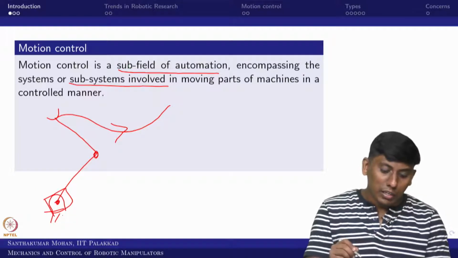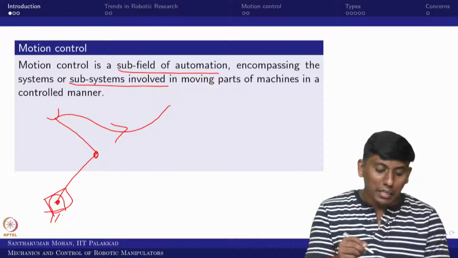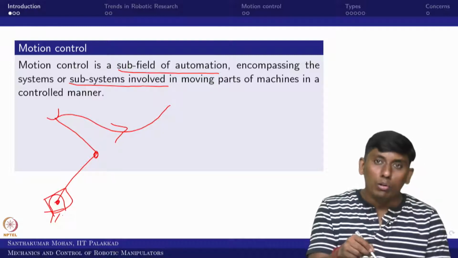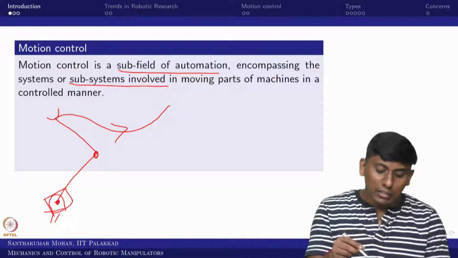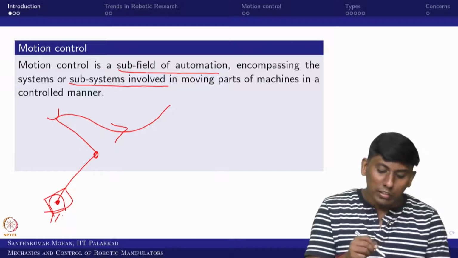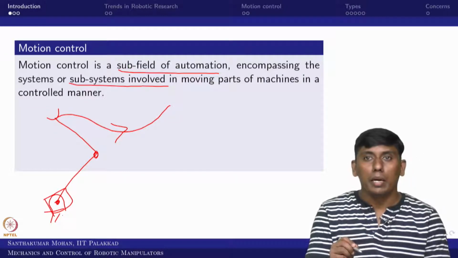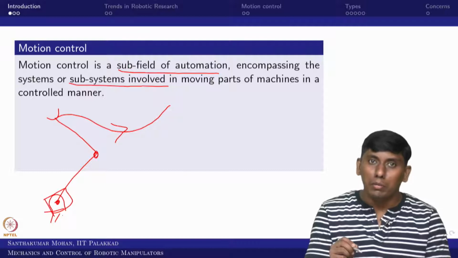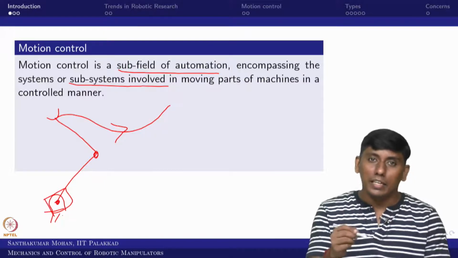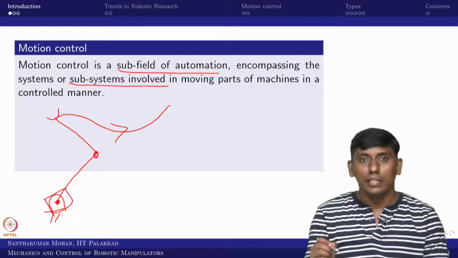We are making the system follow the given profile, so the moving parts follow in a controlled manner. That is what we call motion control. We'll see it in detail when it comes to real systems.